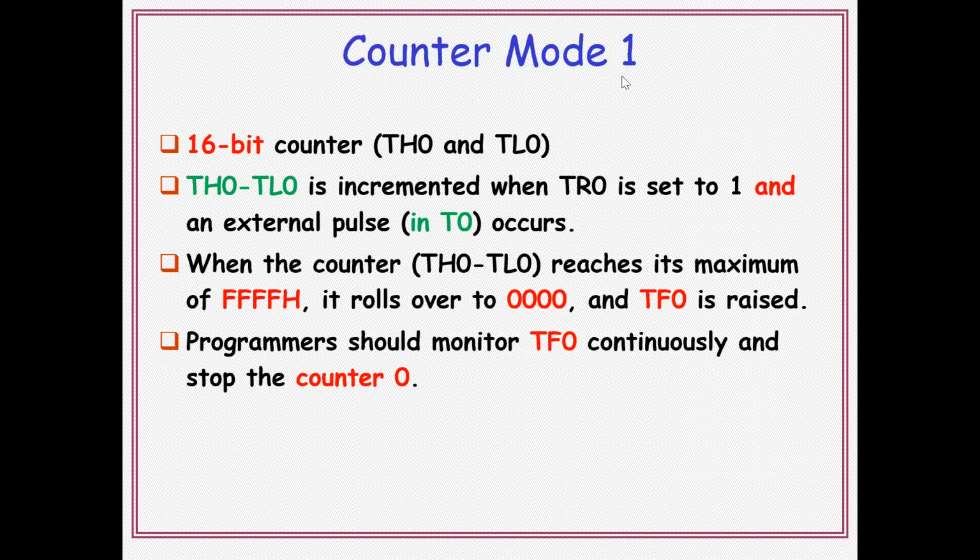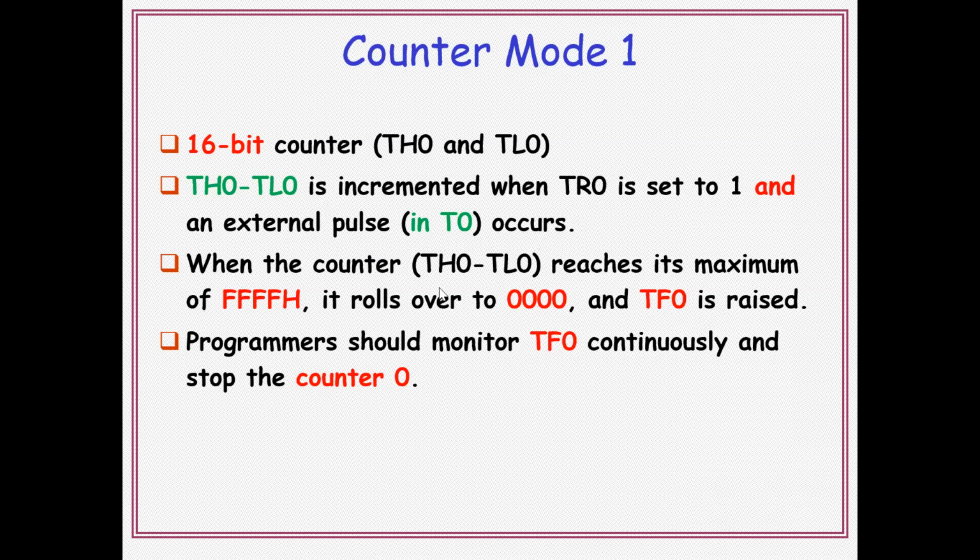Counter in mode 1 supports a 16-bit counter: TL0 and TH0 for timer 0, TL1 and TH1 for timer 1. This is incremented when TR0 is set to 1 for timer 0 and an external input pulse occurs on T0.